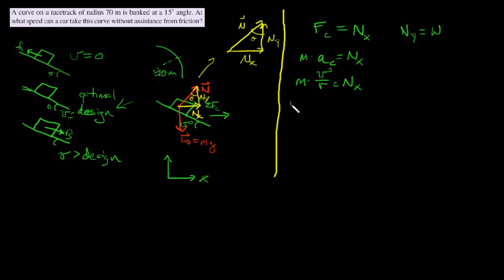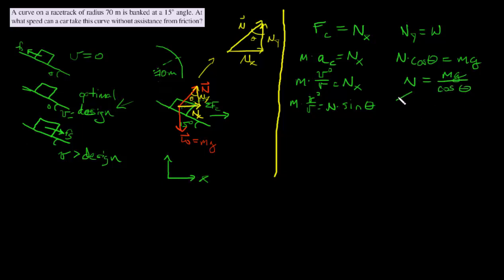So my normal in the x direction is going to be the normal times sine theta. All right, so we have velocity, radius and mass. We have normal. The normal, though, is not equal to mg in this case. So let's go over here and figure out what it is. The normal in the y direction is going to be normal times cosine theta is equal to the weight, but the weight is mg. And so we see that the normal is equal to mg divided by cosine theta.